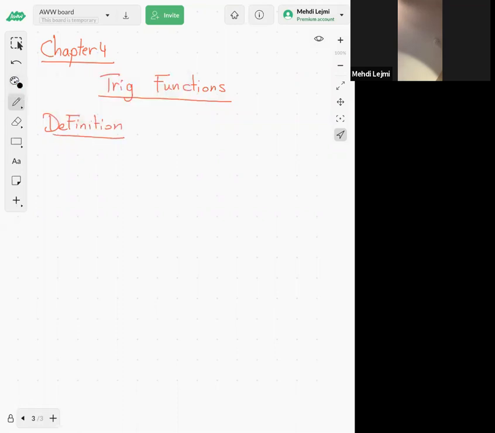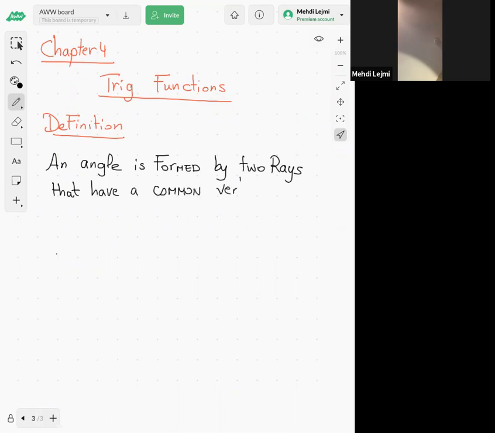An angle is formed by 2 sides or 2 rays that have a common vertex or endpoint.